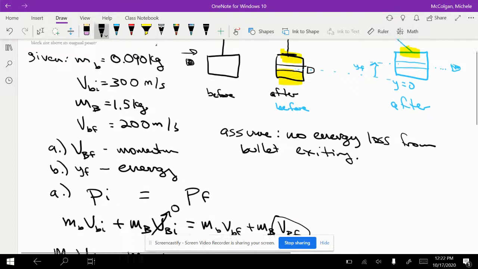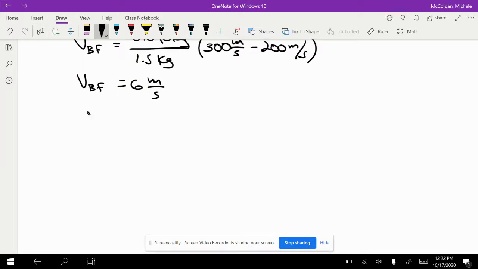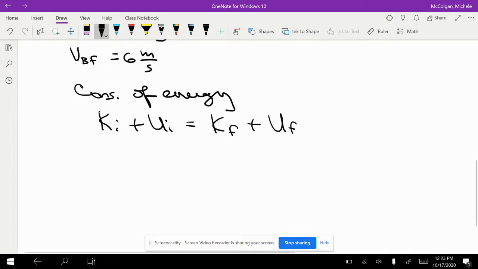So I'm going to use the conservation of energy. The conservation of energy says K initial plus U initial is equal to K final plus U final. And so when we start, the block is going to be at 0.